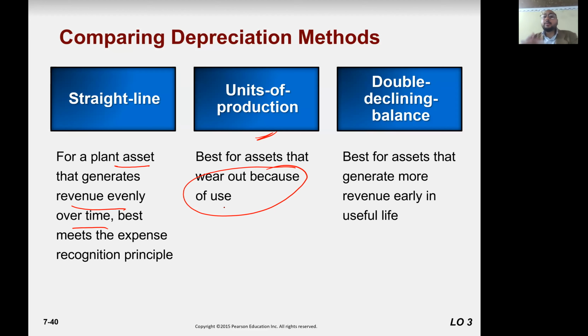The more you drive, the more they wear out. And double declining methods are used for those assets that generate large revenue during the first year, less revenue during the second, third years. So it's better to use the double declining method.